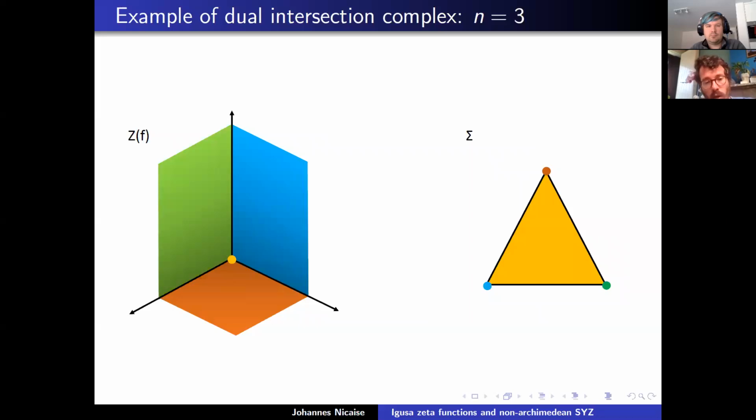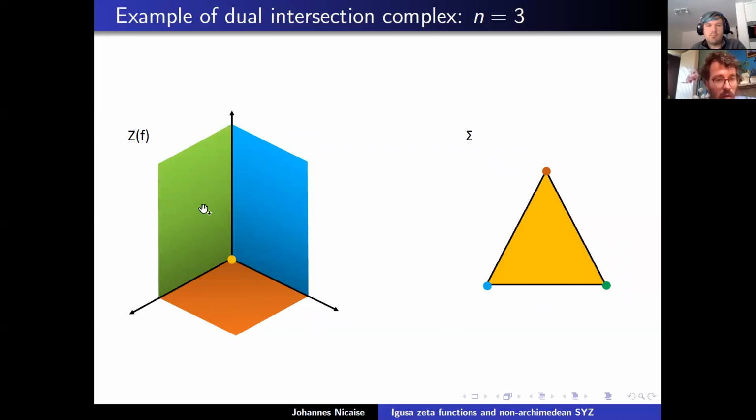Then, for some examples in higher dimension. The simplest example in dimension 3 is the case where we look at 3 coordinate planes in 3-space. So we have 3 irreducible components, each of the coordinate planes. So we have 3 vertices, which are again color coded according to the component that they represent.